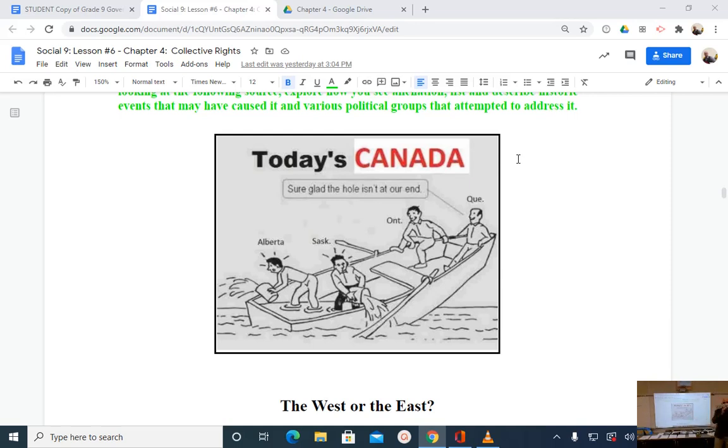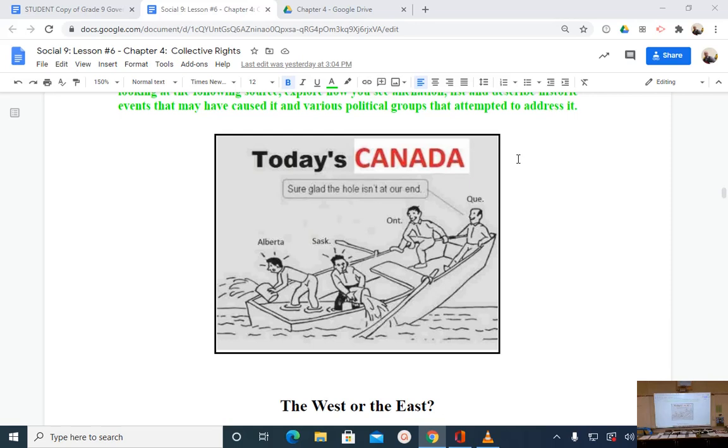Now, interesting to note is that the conditions for the people within the boat are not the same. A boat is used as a metaphor to say, hey, this boat is Canada. A metaphor from English language arts is something that is used in place of something else.